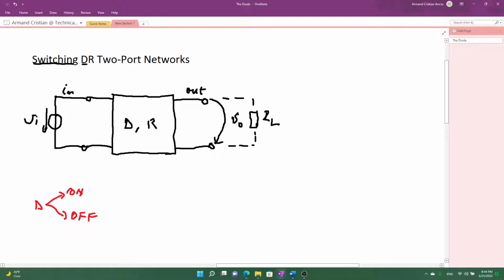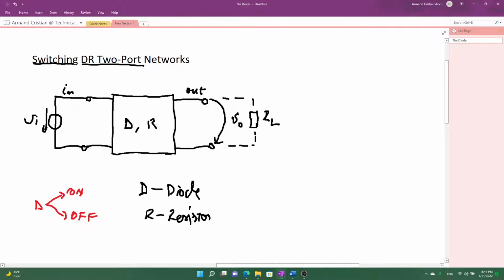DR two-port. DR, D and R. D comes from diode, and R comes from resistor. So we have a circuit that's composed of a diode and a resistor.